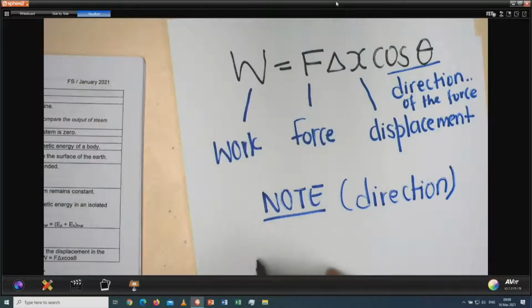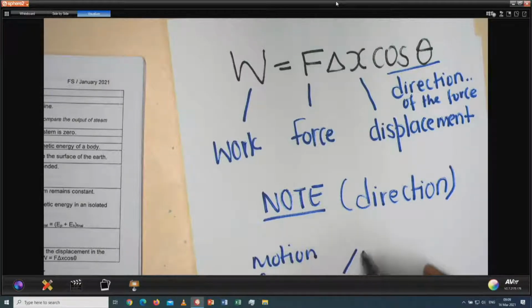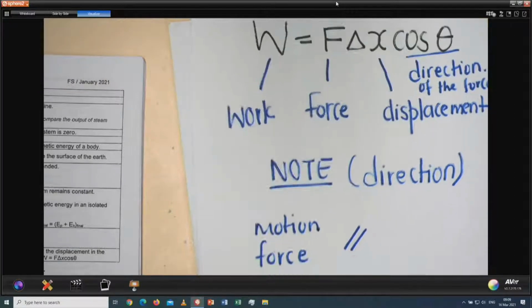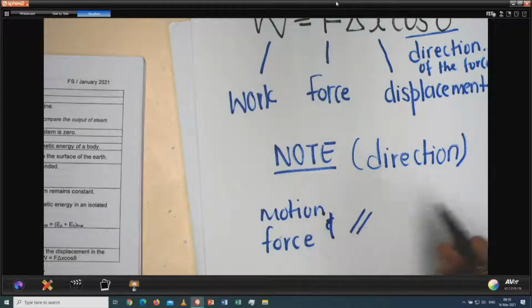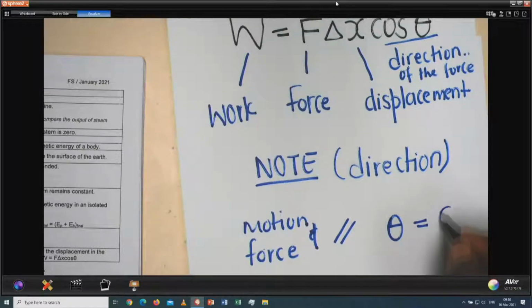If the motion of the object and the force are parallel to each other, so if motion and force are parallel, then theta is equal to 0 degrees.